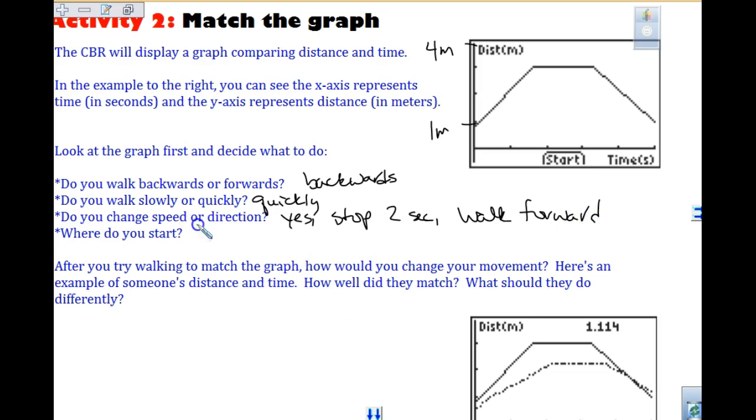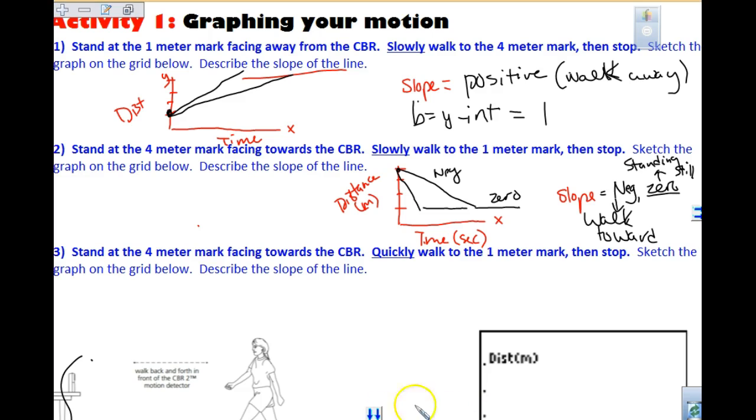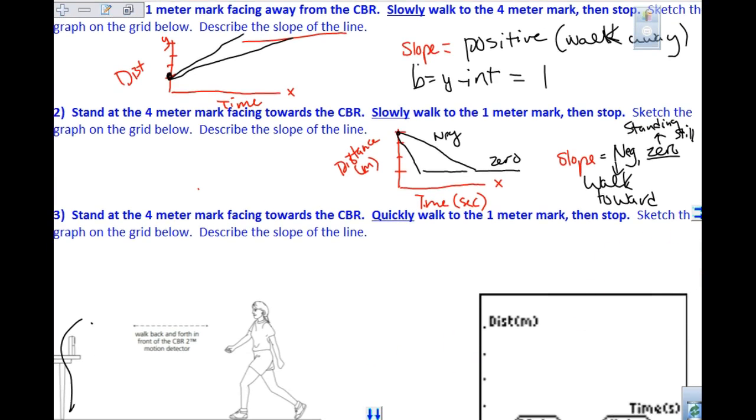Looks like 1 meter. Okay, so we're going to get some different ones. Some of them will look like this. Some of them will be inverted, like they might start this way, and they might go back and forth, and then you might see more straight lines. We are going to look at doing this last one, and I want you to just think as we are doing this one. So, Ashley, you're going to be up.